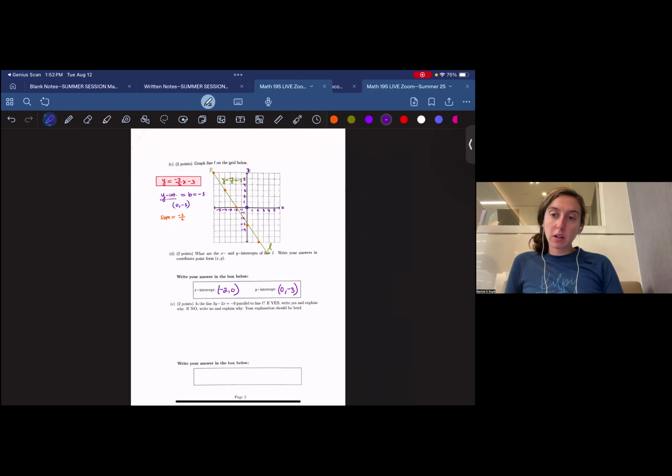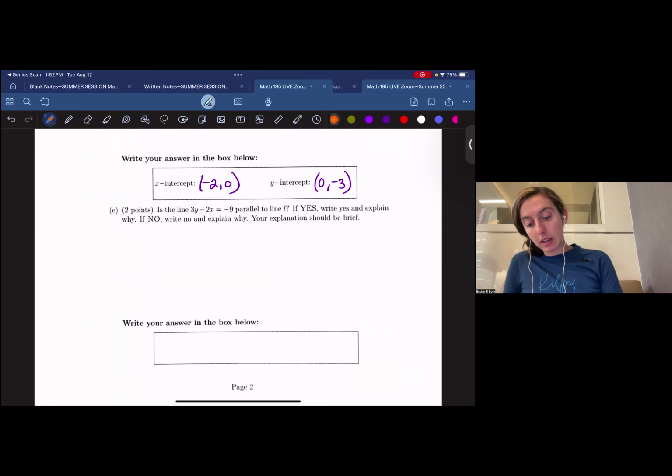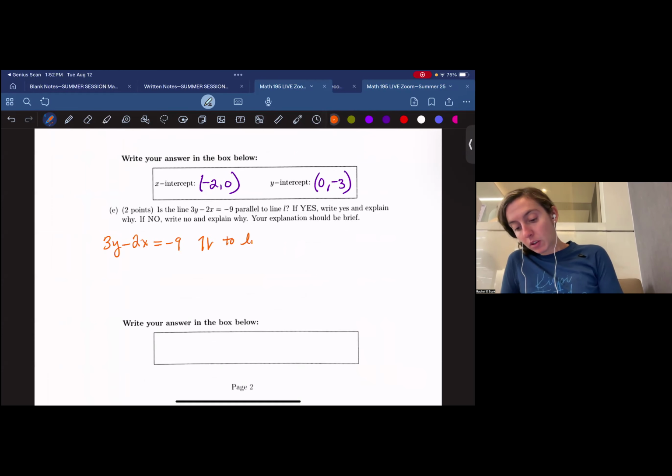And then finally, we're on part E, where we're being asked, is the line 3y minus 2x equal to -9 parallel to line L? Well, what do we know about the properties of parallel lines?